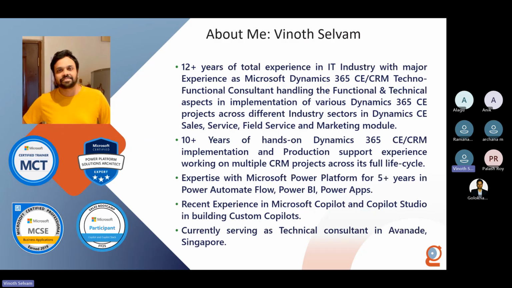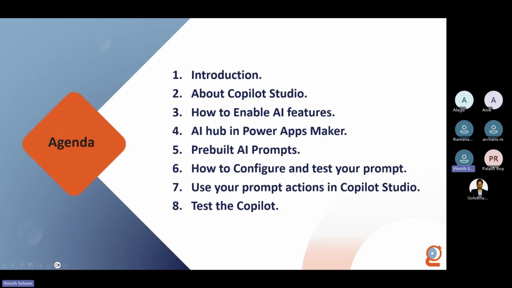So I think we can just move ahead to the session, what we are going to discuss today. We'll have a short introduction, and I hope you all know what Copilot Studio is. Then we will see how to enable these AI features in our environment. Then what is AI Hub?